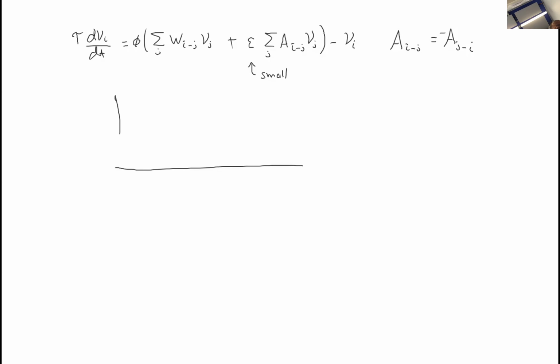So again, here's our line attractor. This is nu I. I'll say nu 0 I. It looks like this. And the effect of A I minus j on any particular activity is the following. So this is actually a convolution.